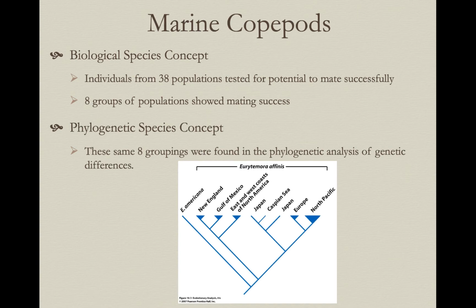And then if you use genetic information to try to see where there are distinct lineages, you see that those 8 interbreeding groups are the same ones that are found by the phylogenetic analysis based upon their genetic differences. So the morphospecies concept says one species, but we do see agreement between the biological species concept and the phylogenetic species concept that there should be 8.